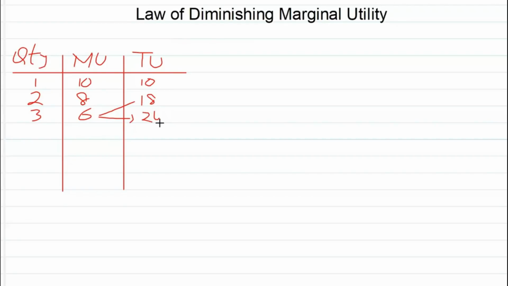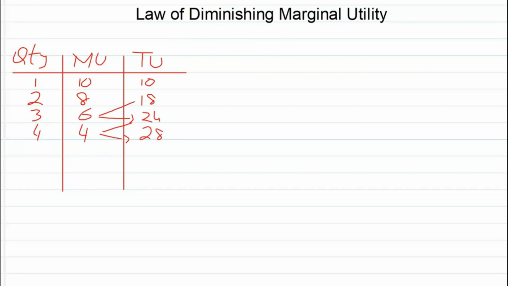And if the consumer consumes another unit of that similar product, then his marginal utility will further fall, and his total utility will be 24 plus 4, and this will give us 28 units of satisfaction.